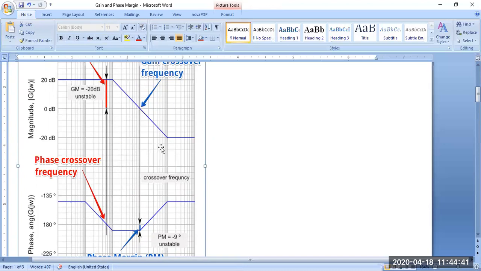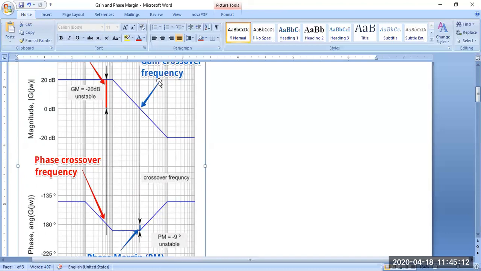So if the gain crossover frequency is greater than the phase crossover frequency, the system is unstable. If gain crossover frequency is less than phase crossover frequency, the system will be stable. And if both are equal, the system will become marginally stable. So there are conditions here.